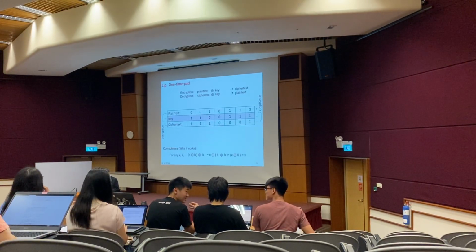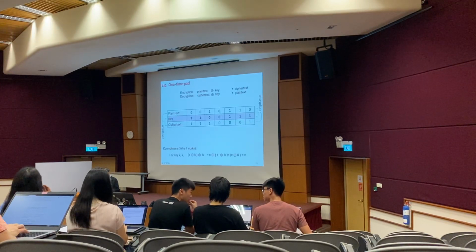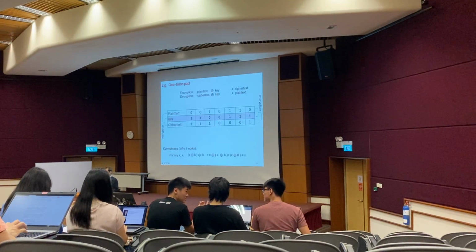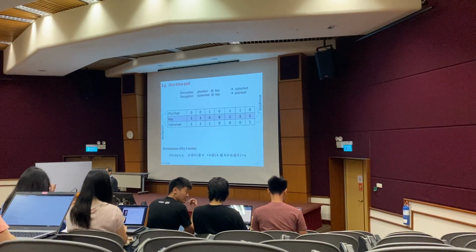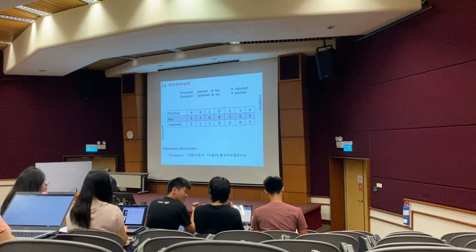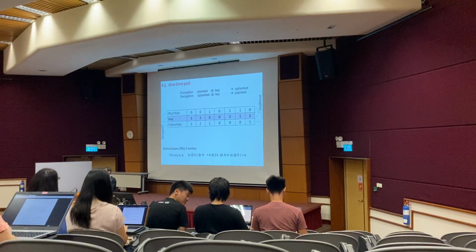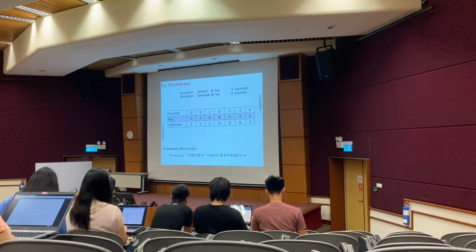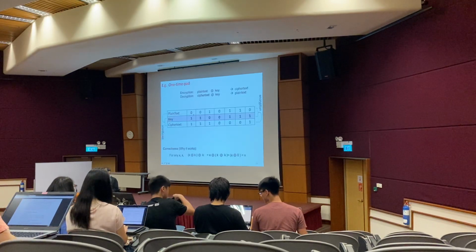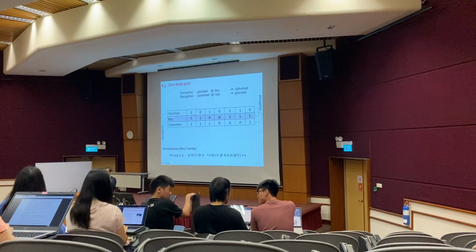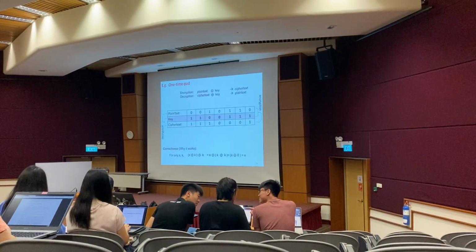You look at the XOR operation: 0 XOR 1 gives 1, 1 XOR 0 gives 1, 0 XOR 0 gives 0, 1 XOR 1 gives 0. Mathematically, this is actually addition modulo 2. 1 plus 1 is equal to 2, and 2 modulo 2 gives you 0. So mathematically, A XOR B is the same as A plus B modulo 2.